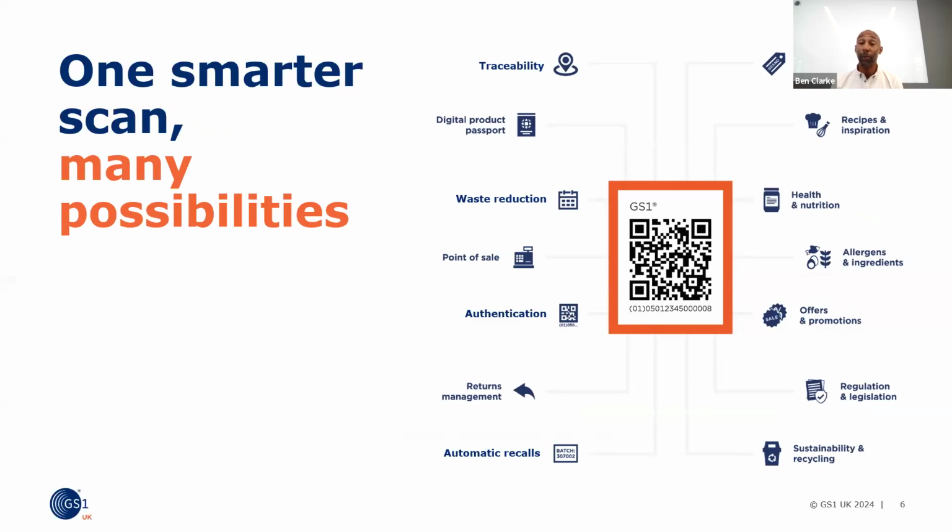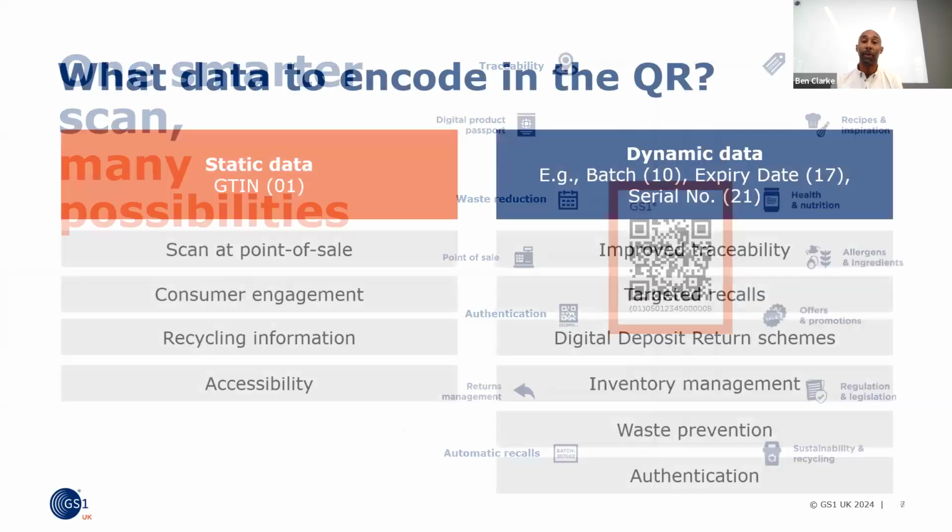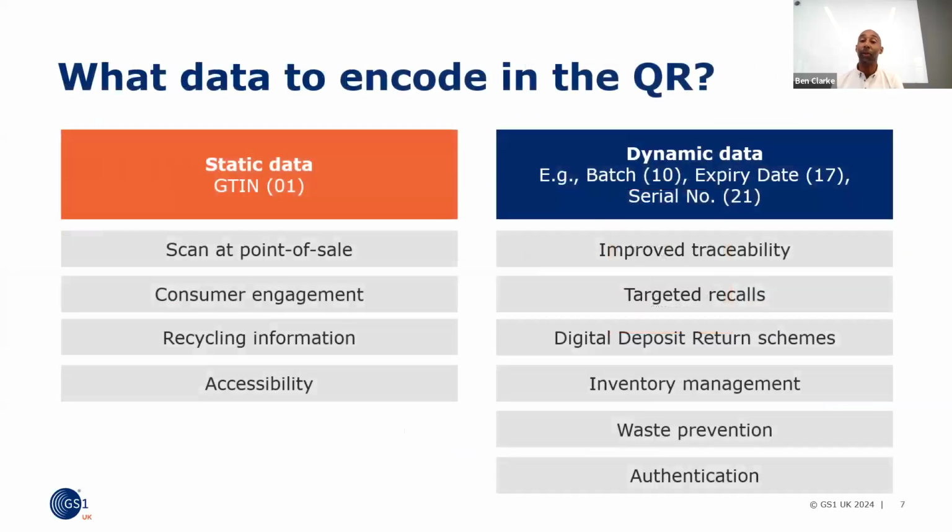So there's so many different use cases that can be realized, both online via smartphones and apps, but also offline as per a traditional barcode. Now, once you know what you want to use these QR codes for, it will shape how they're implemented, who needs to be involved in the project, and also what data needs to be encoded within the QR itself.